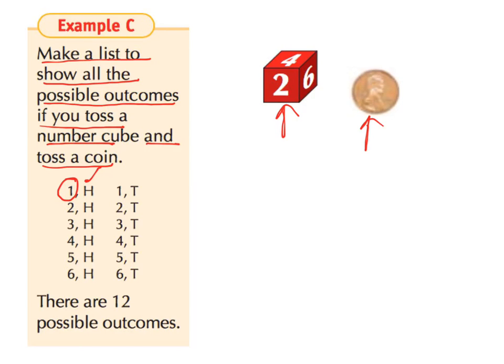Or it could be that the cube will land up with 1 and the coin will land up with tails. Or it could be that the cube will land up with 2 and the coin will land up with heads. And so on, you can have the combinations. So there are 12 possible outcomes in this case.